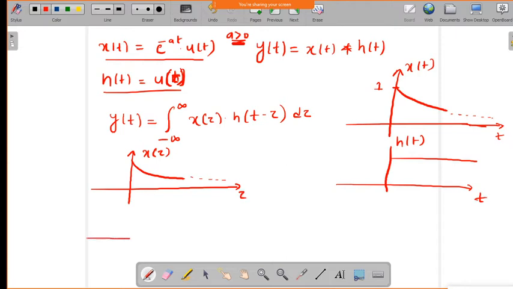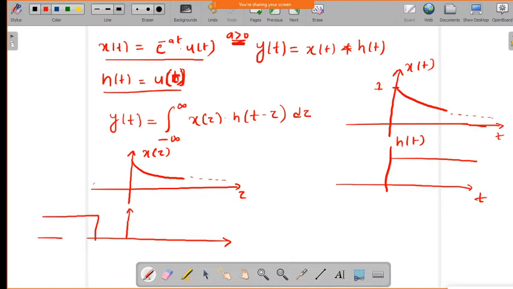In a similar way, if you write h of t minus tau, now if you reflect it, h of tau will become h of minus tau and it will be on the negative side, and if you shift it by the value of t, you will get the shifted unit step, which will look like this.